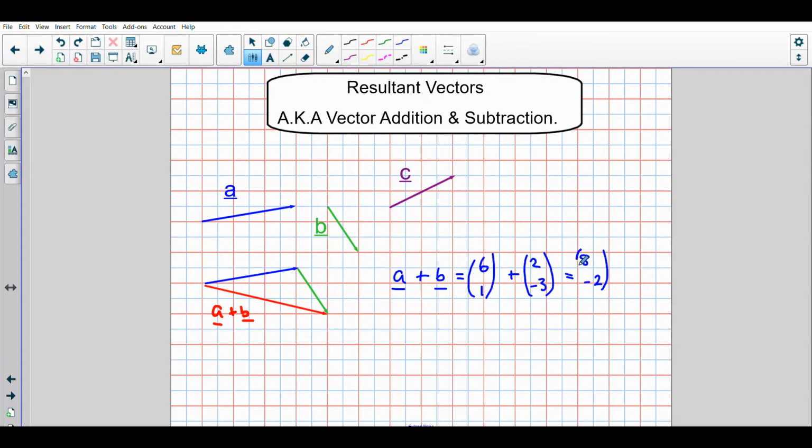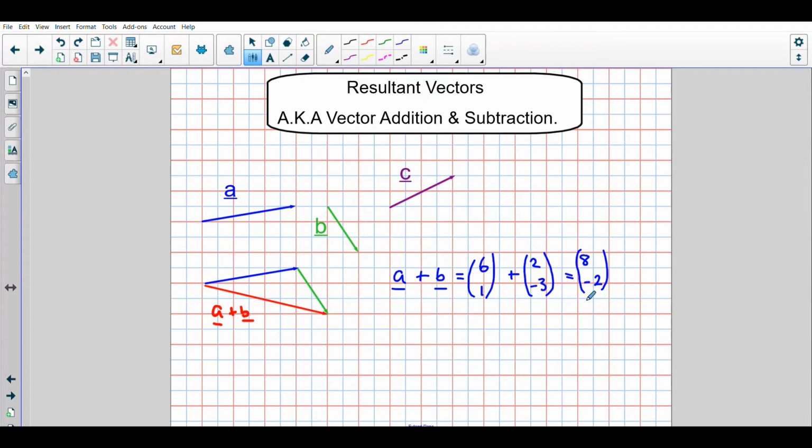And if we look at how that's formed, I've taken the x component of the blue one plus the x component of the green one, and added them together. And again with the y's, I had one y, and then I took away 3, so I've got minus 2.